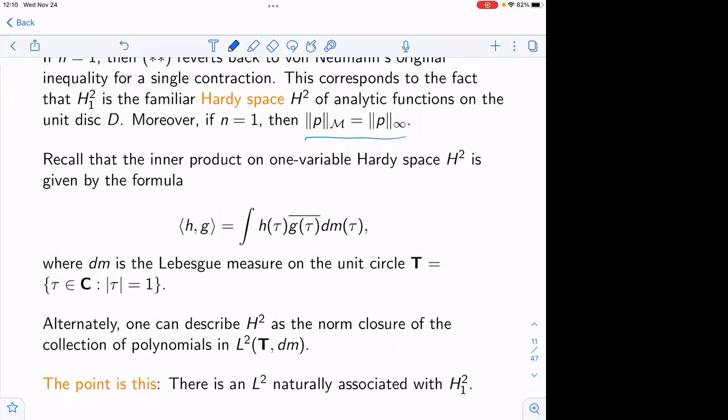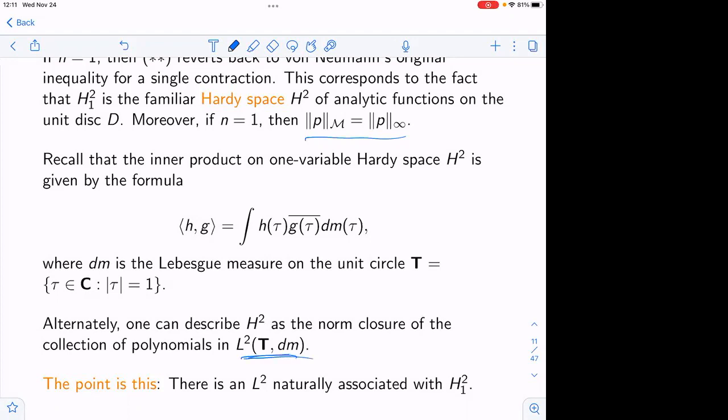The reason why you want to mention this is that in the one variable case, when n equals 1, the one variable Hardy space, or one variable Drury-Arveson space, actually has an L2 space that goes along with it. It's the L2 space of the unit circle.